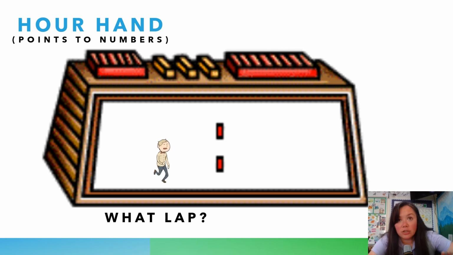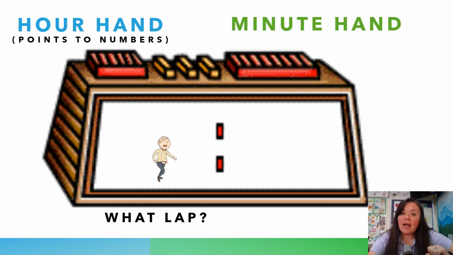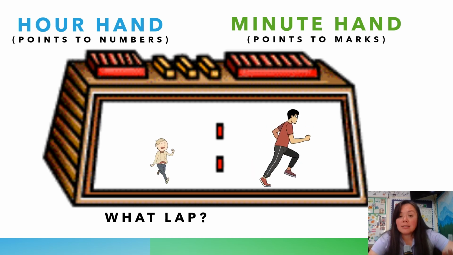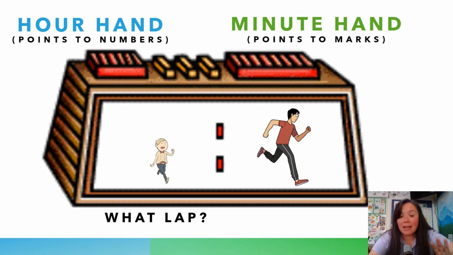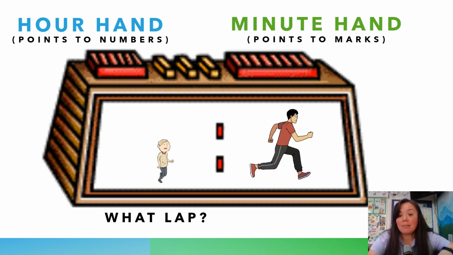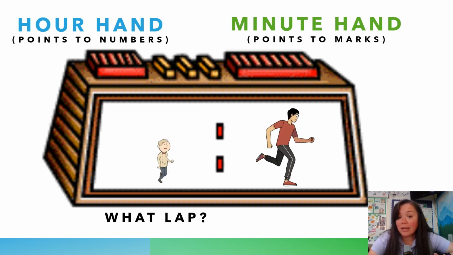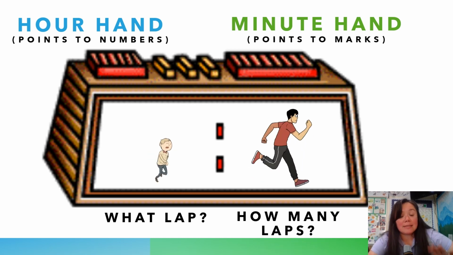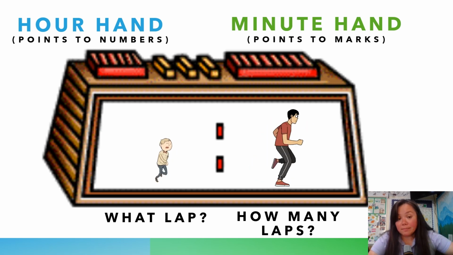Is he on 2? Is he on 3? There's only 12 that he can be on, okay? And then I will ask myself, now where's the minute hand? And then those point to the marks, and I'm going to ask myself, where's that fast guy going? And usually I'm going to be counting by 5s to find where he is, and I'm going to ask myself, how many laps is he doing?